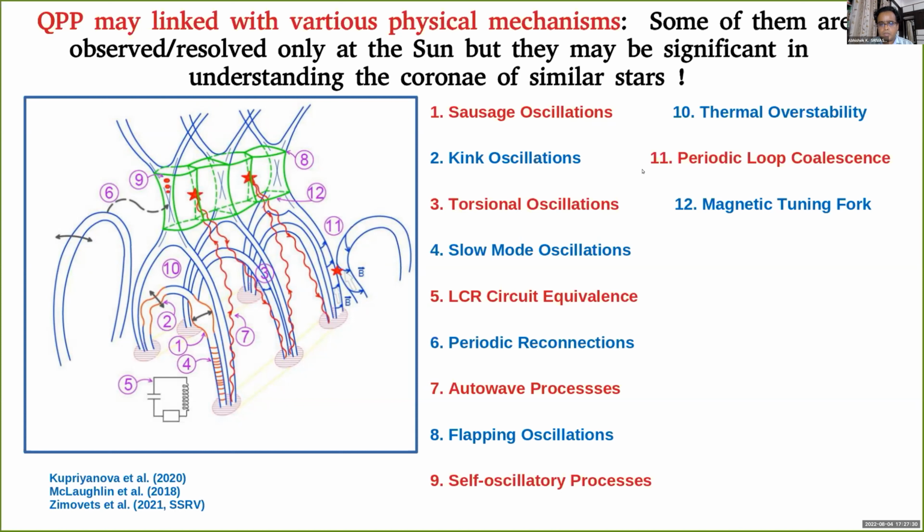You can see here all the details. They are waves, like sausage oscillations, kink oscillations, torsional oscillations, or slow mode oscillations, but they could be other mechanisms too. For example, if there is a twisted loop with current and it is oscillating, the LCR circuit equivalence could be used in interpreting some of those aspects. Apart from that, periodic reconnection can also lead to some kind of QPP variations in the flare.